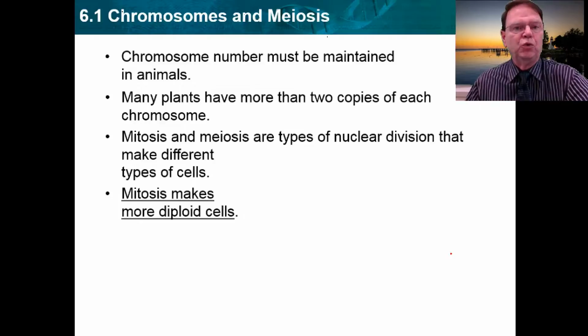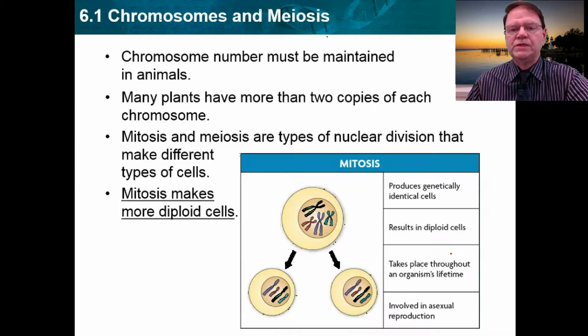Mitosis makes more diploid cells, as we see here. These are genetically identical cells, and they result in diploid cells. Mitosis takes place throughout an organism's lifetime, and it is involved in asexual reproduction.